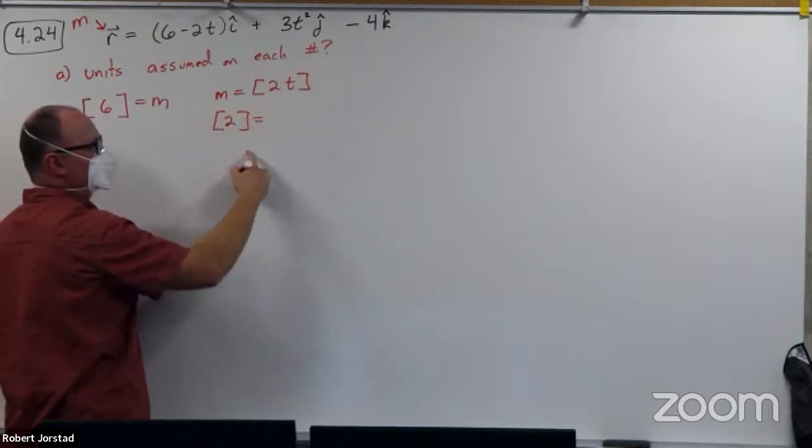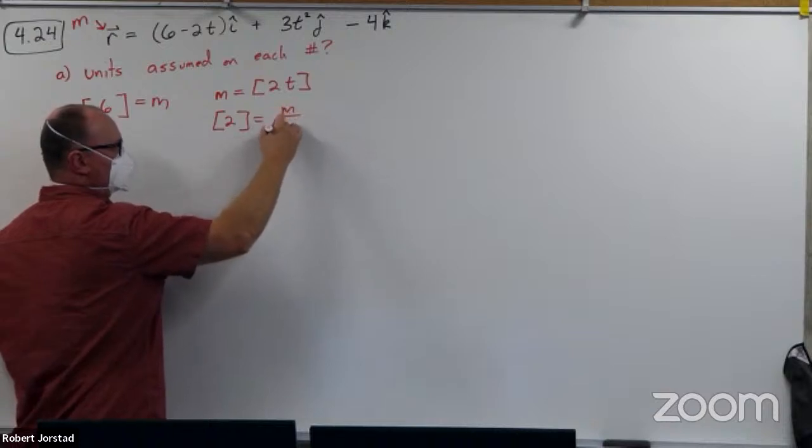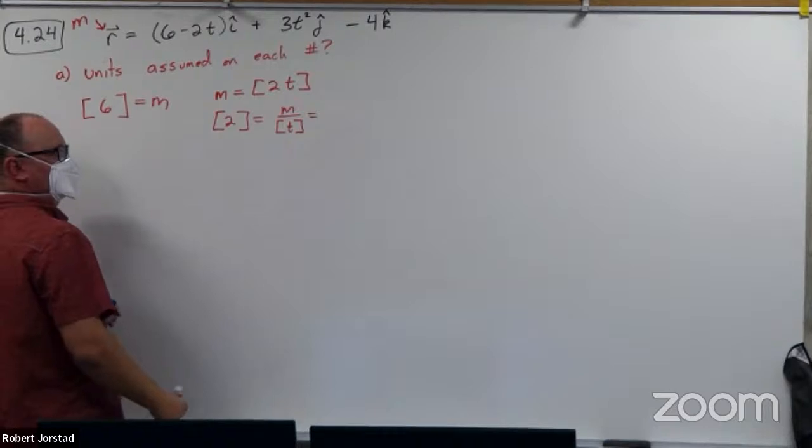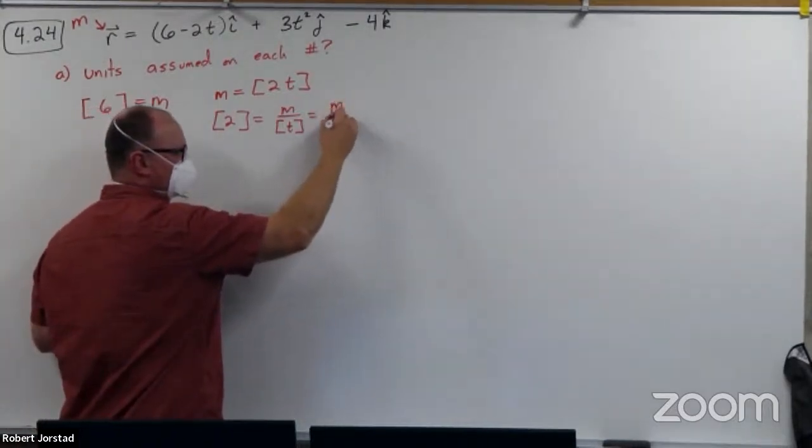Meters over the units of t, which is meters per second. Why?